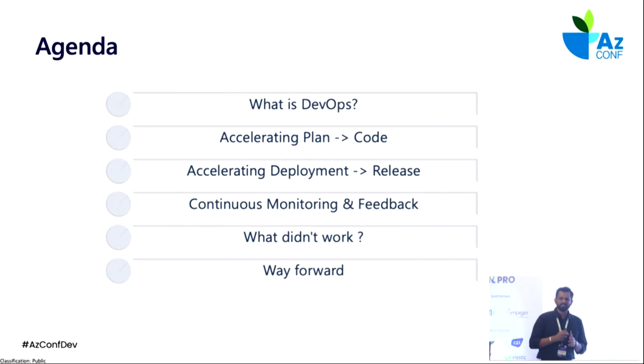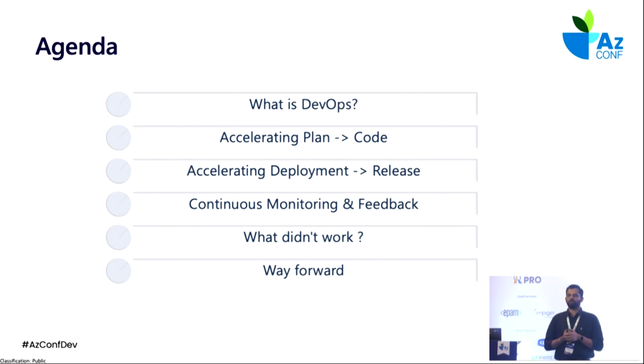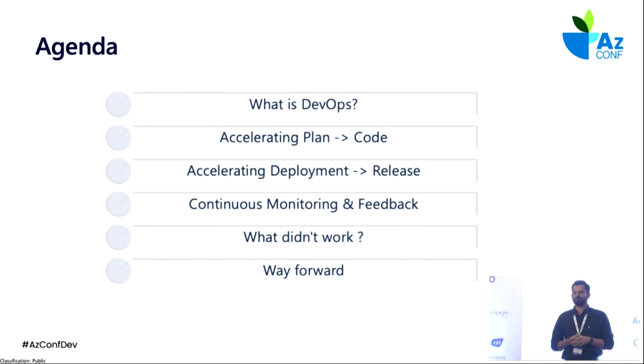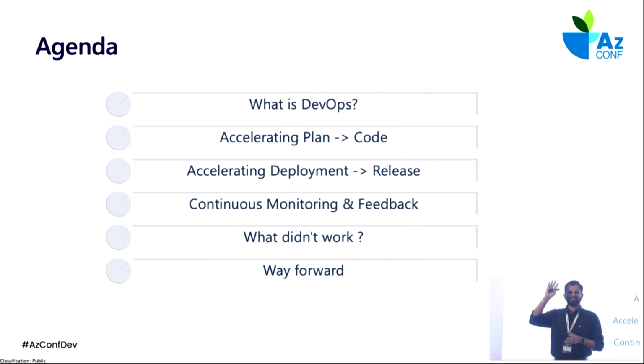So the agenda. Let's start with the basic understanding of what DevOps is. Just to get a hang of the audience, how many of you are already using DevOps? How many of you have DevOps in your title? DevOps engineer, DevOps architect? Quite a few. Developers? Okay, only a few developers. IT ops, admins? Great.